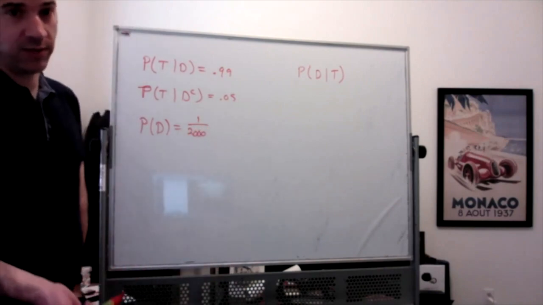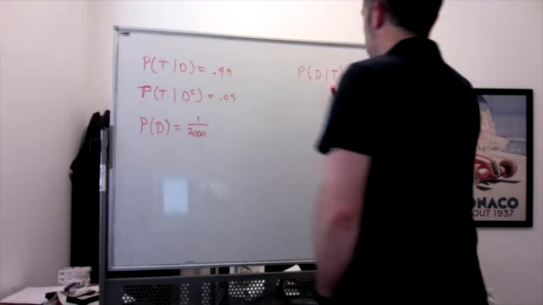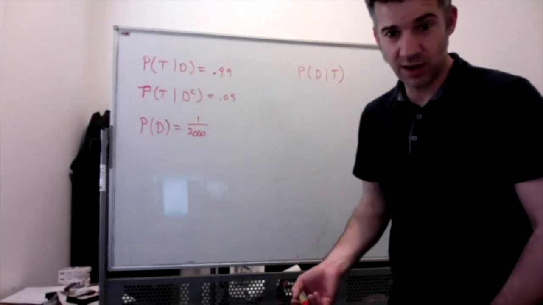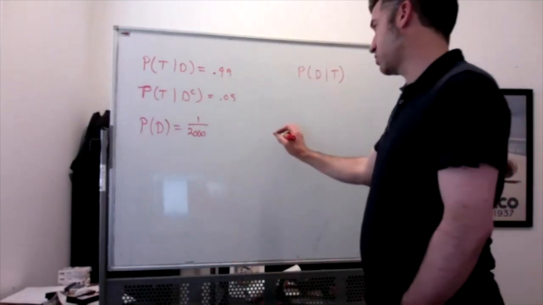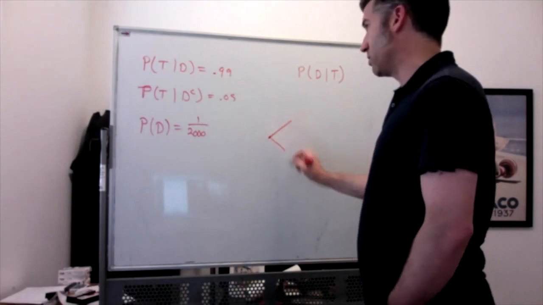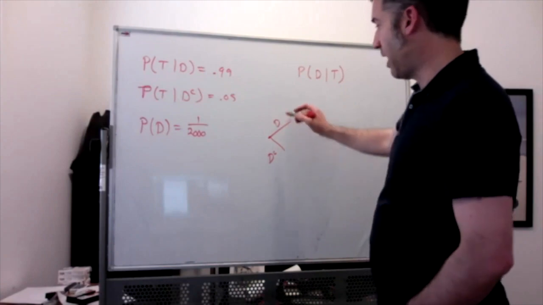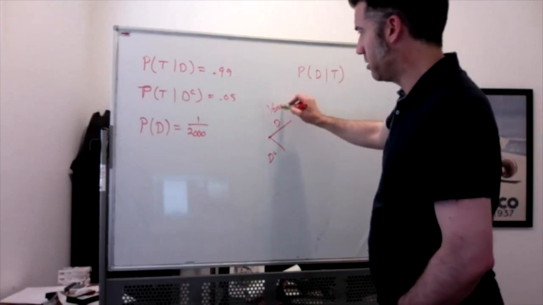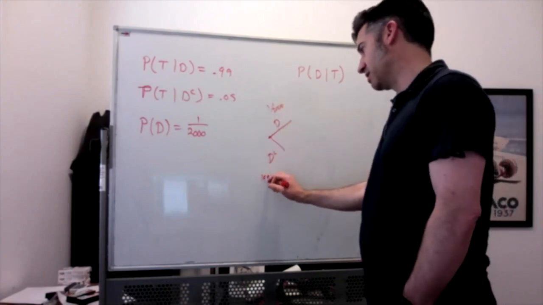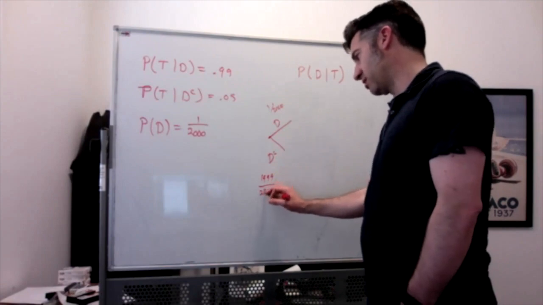Okay, so if I want to know the probability of the disease given a positive test, well, I'm going to make a tree. Again, you can do it just using the rules, but I like the trees. So trees, right, you either have the disease or you don't. Probability of having the disease is 1 out of 2,000. Probability of not having the disease is 1999 out of 2,000.